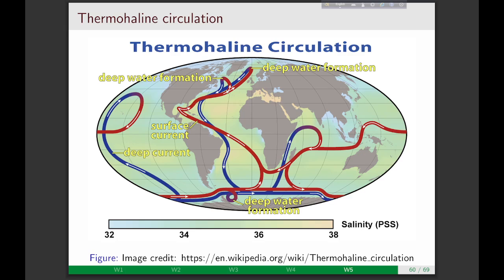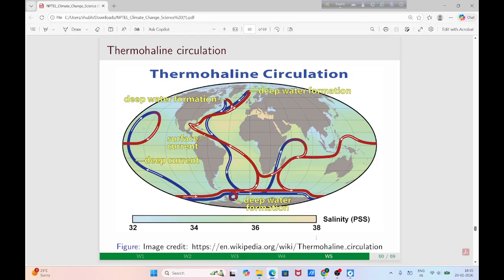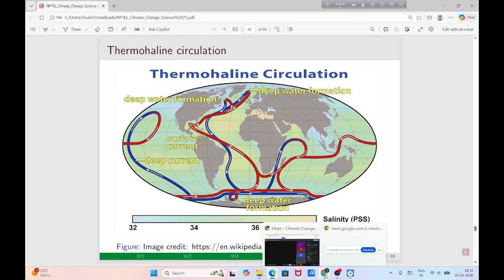If salt is not that much dissolved in the water, then the density will be lower. So the two gradients, one due to temperature, another due to salt, affect the circulation of the ocean throughout the world. That's why it is called thermohaline circulation.